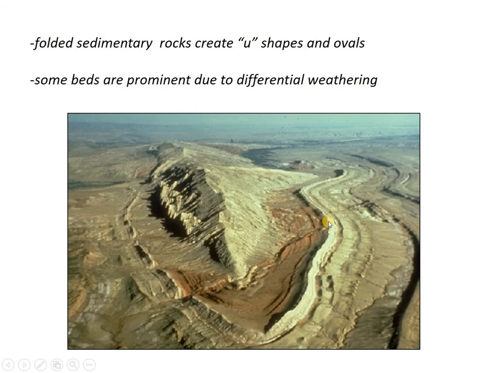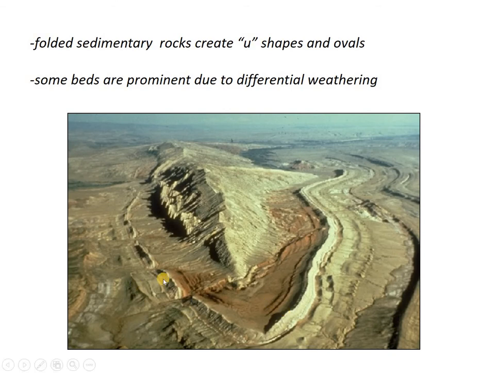And this three-dimensional fold, once it was eroded and the top was removed, all of the overlying rock was removed over time, it wore down into the center of this fold, and you can actually see these rings or concentric beds delineating the fold. Also note, this is very common with sedimentary rocks.